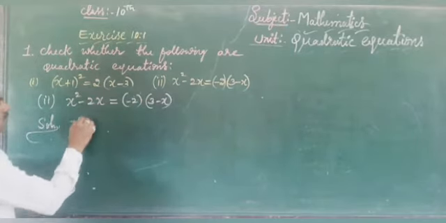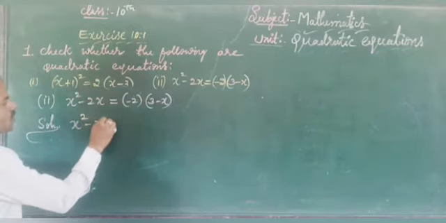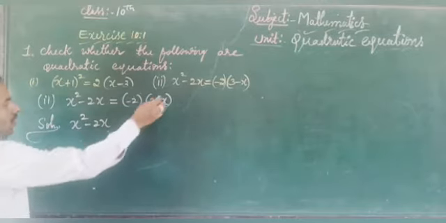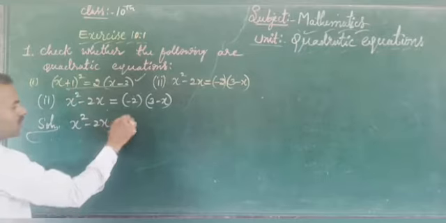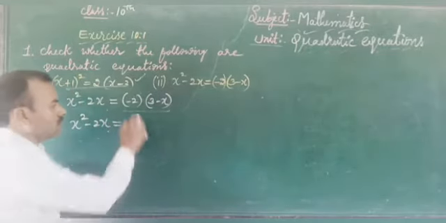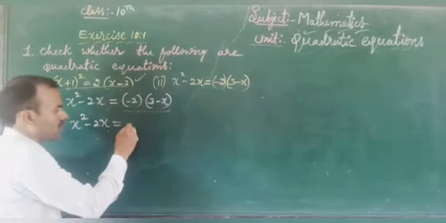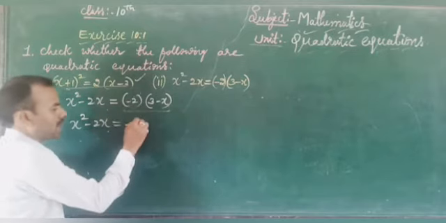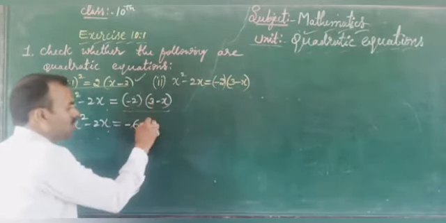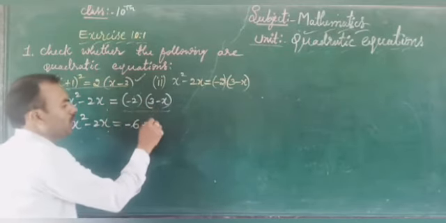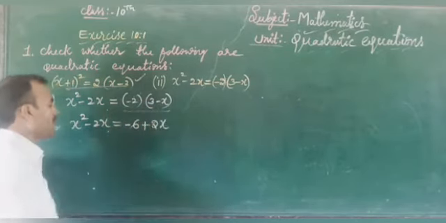Solution: x square minus 2x. This is already over. So here in the RHS multiply these two: minus into plus minus, 2 3s are 6, minus into minus plus 2 into x, 2x.